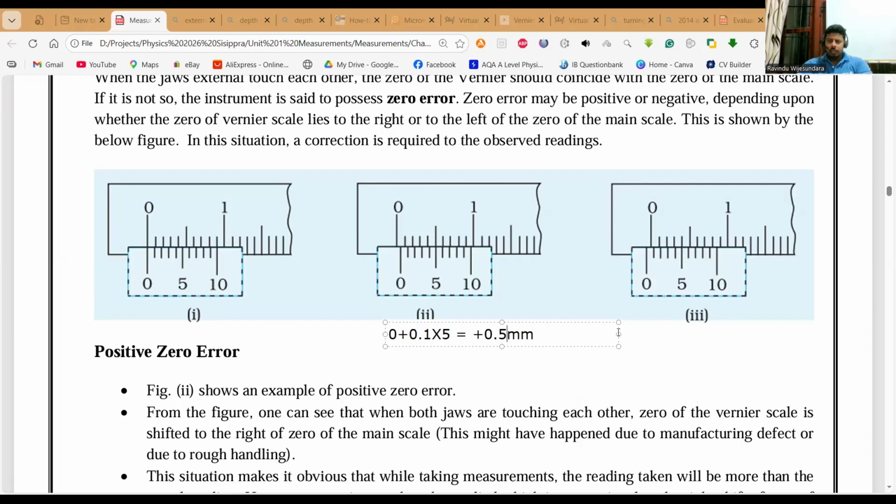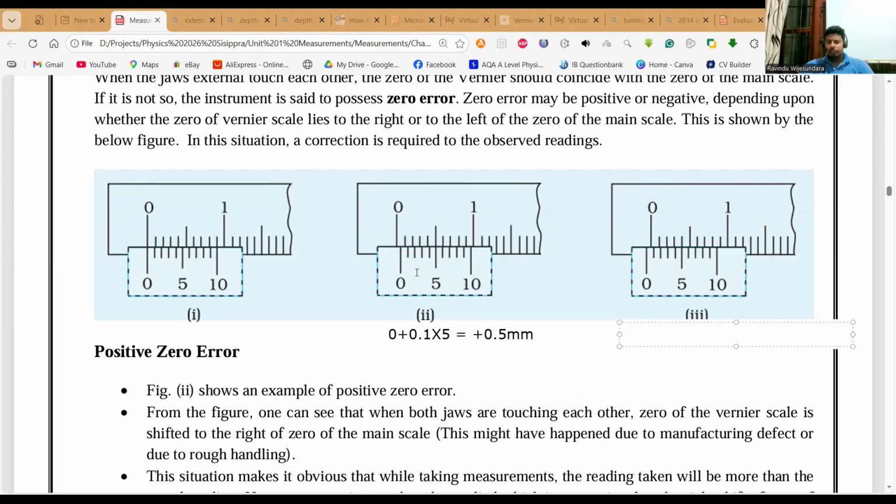Now, when you find the negative zero error, you can see here clearly this has been moved to the negative side. Then you have to find the negative zero error. The best way to find the negative zero error is to read the scale backwards. What does that mean?